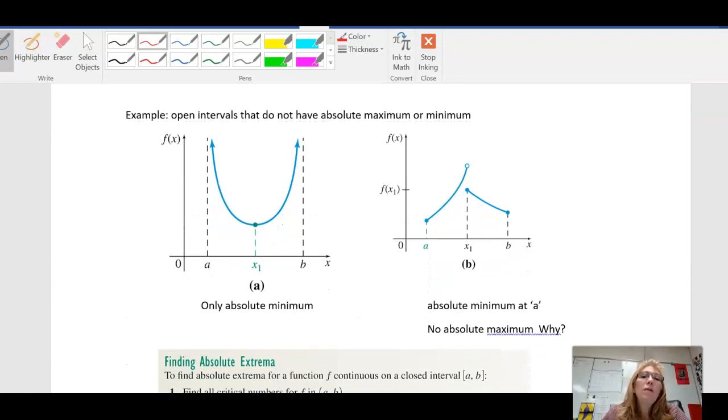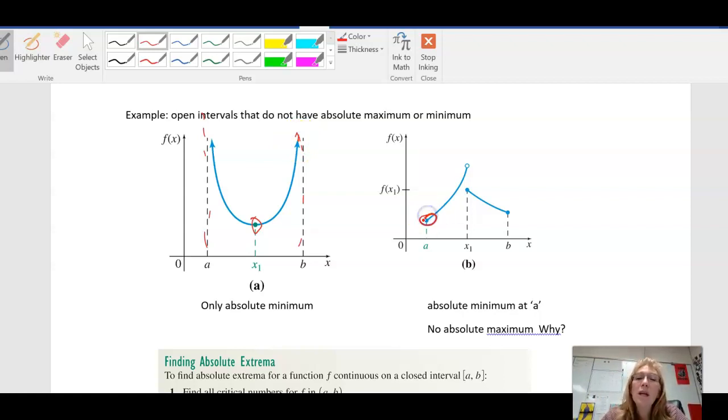Okay, open intervals that don't have max or mins are the ones that go on forever, or they have open circles. So like here, we have 2 asymptotes. So this means this goes on forever between A and B. It does have a min at x1, but there is no max because it will go on forever. There is no endpoint to check. Here, we have an absolute min right here.